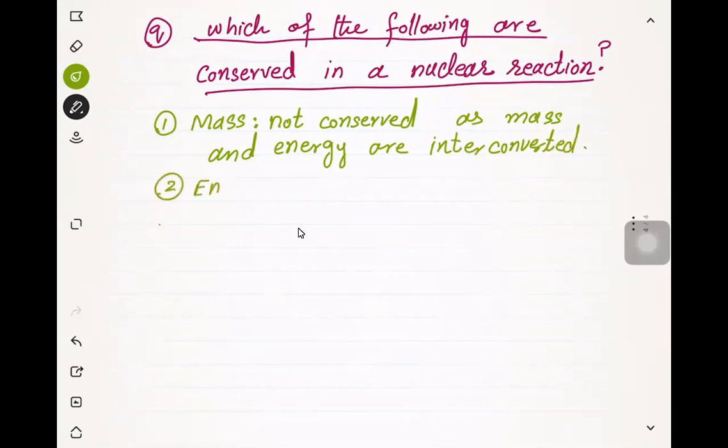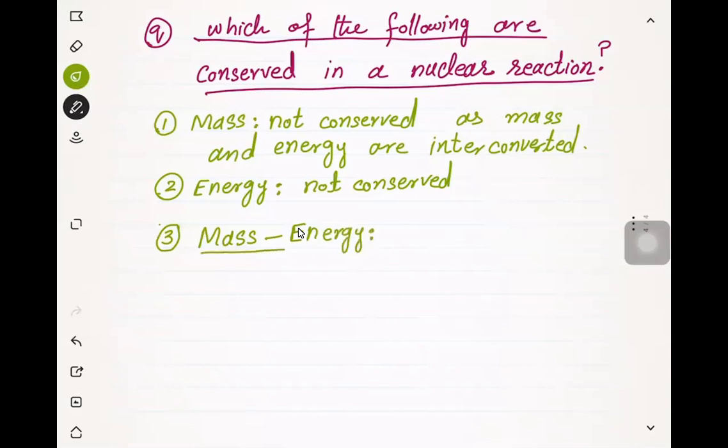Energy is also not conserved for the same reason. So in a nuclear reaction, neither mass nor energy is conserved. Then we define a new quantity that is called mass energy.